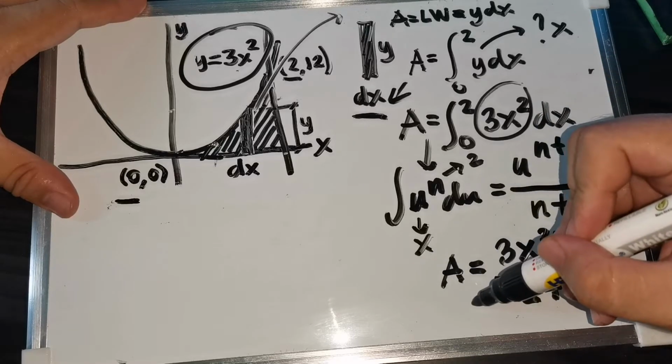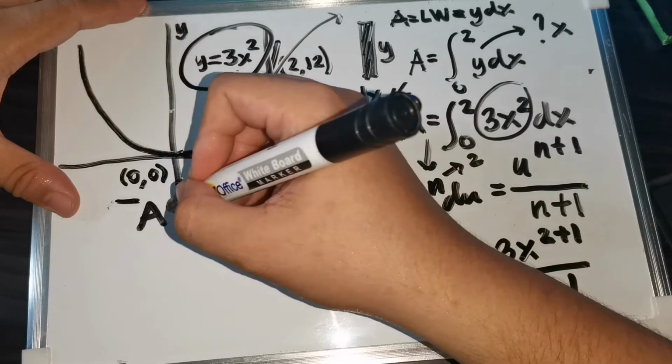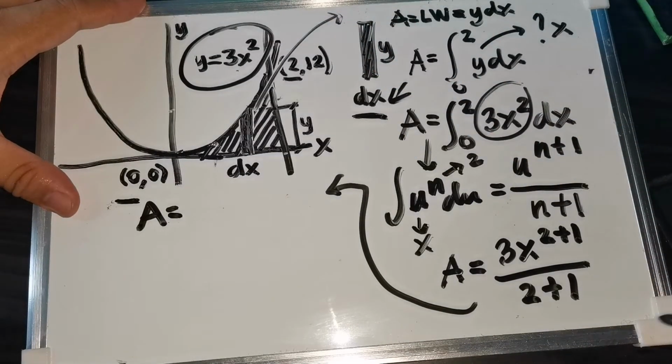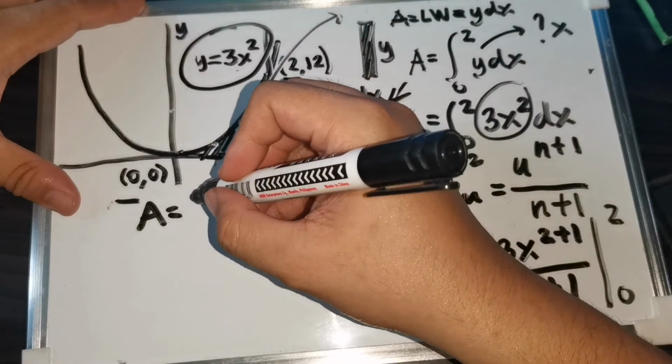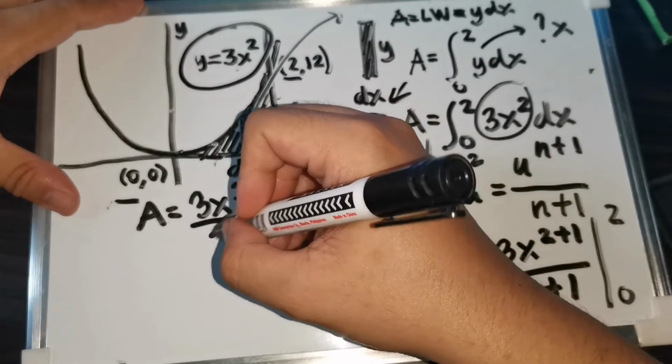How can we simplify this one? We apply the 0 to 2 as the lower and upper limit, but let's simplify first before applying them. So that will be 3x cubed over 3.